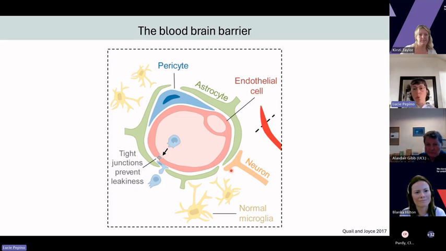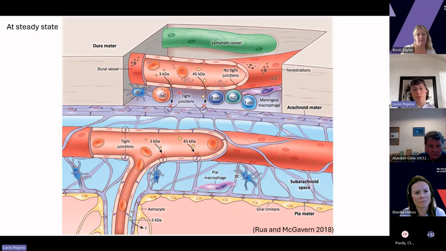And so what kind of immune cells can you find at steady state in the central nervous system? Well, here is another representation. You find back the dura mater with the only lymphatic vessels of the central nervous system. Here you have the arachnoid mater with the cerebrospinal fluid that is going through.